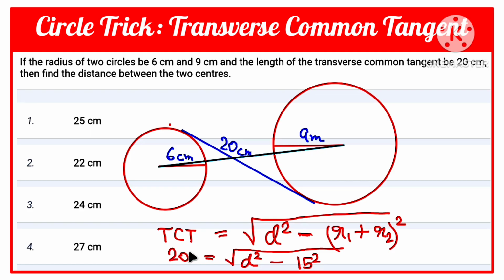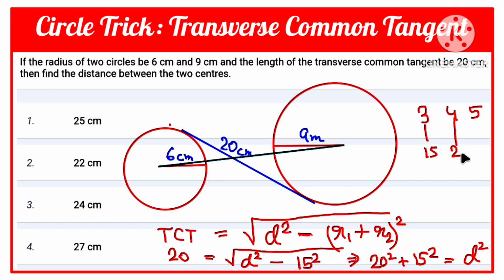Now if we square on both sides, then this will become 20 square. Let us take this on the other side, you will get plus 15 square equal to d square. Now if it strikes your mind, we know the triplet, that is 3, 4 and 5. As you can see, this one is 3 into 5, that is 15. This one is 4 into 5, that is 20.